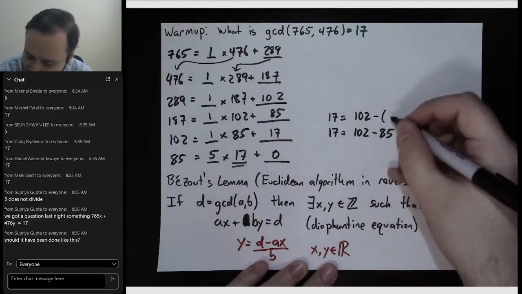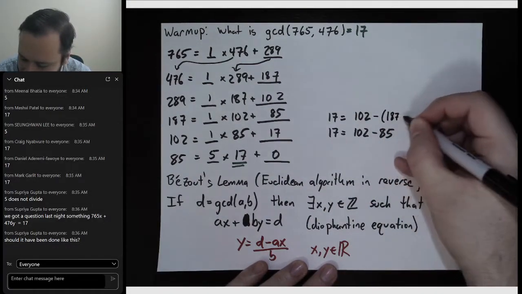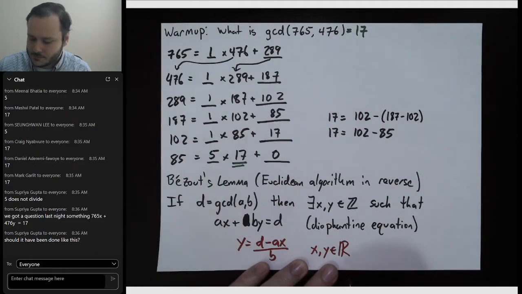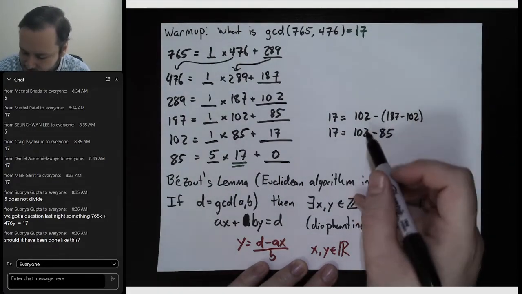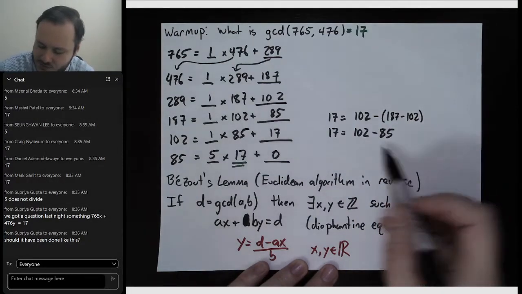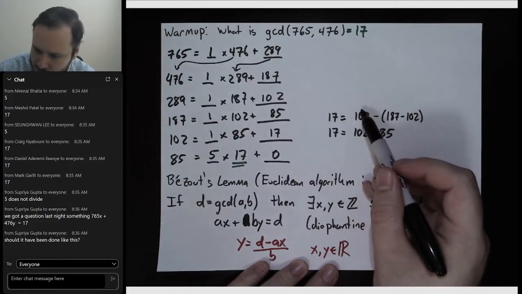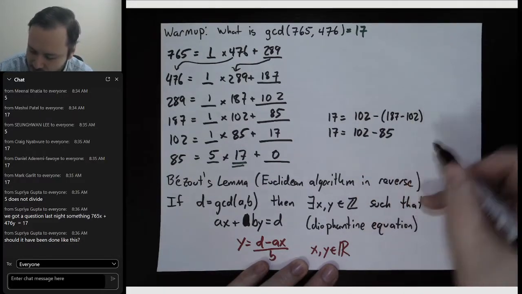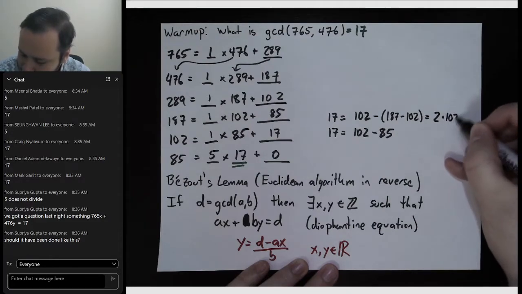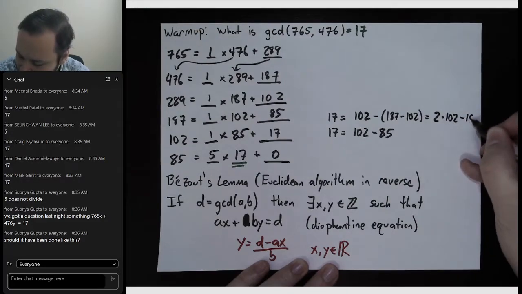So instead of 85, I have 187 minus 102. And now, if I simplify, the minus 102 becomes a plus 102. I have one copy of 102 and a second copy of 102. So I have 2 times 102 minus 187.